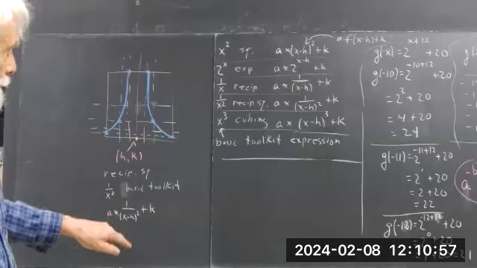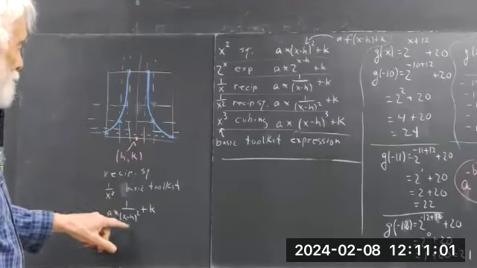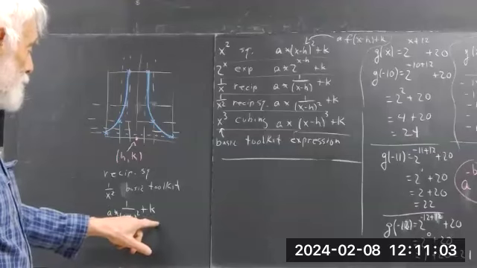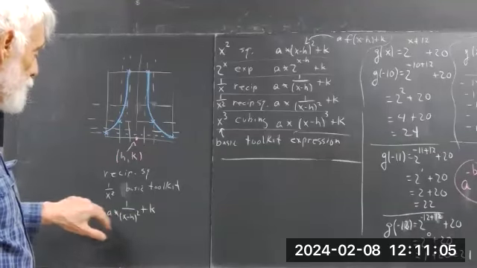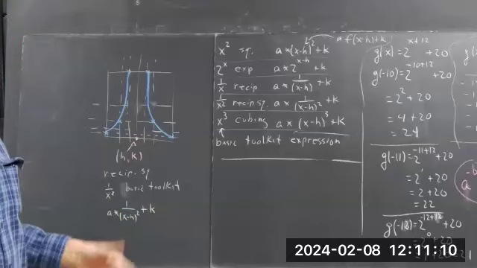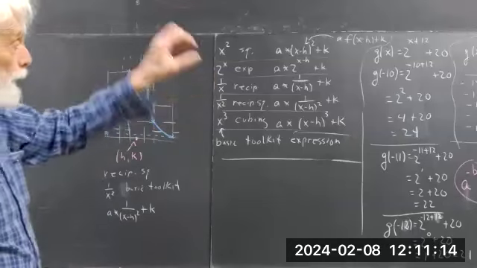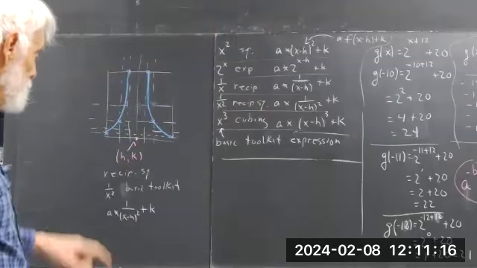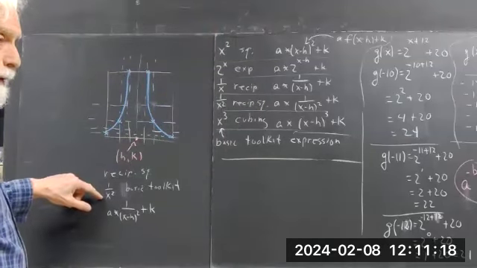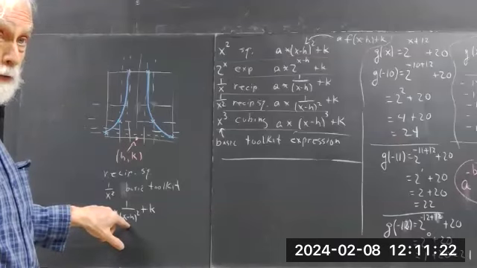Well, right there it is, and all we do is replace x by x minus h. We add k onto the end. We put an a out in front. That's function notation. We first figure out what f of x minus h would be. If f of x is 1 over x squared, and if we replace x by x minus h, we get 1 over (x minus h) squared.